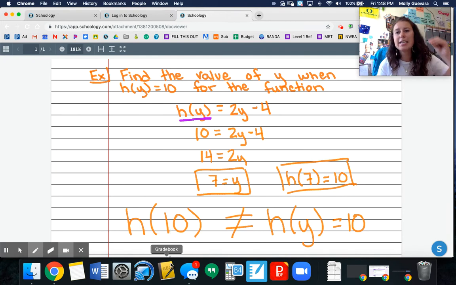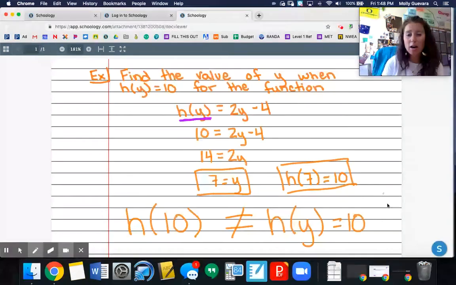I am plugging in 10 into the equation, into y. This one tells me that my output is 10. What do I have to plug in order to get out 10? So these two things are not the same, and I know that they look the same, and it's very tricky. This is a really tricky step of functions, knowing the difference. But we need to make sure that we're paying attention when we do these.